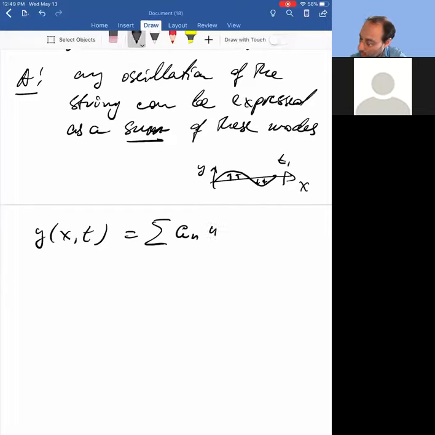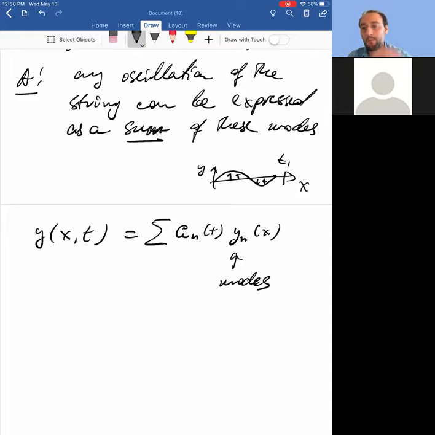So this is y sub n. Okay, so these are modal modes. So this is a mode, and you can express the motion of the string as a sum of each mode, and the coefficients in general depend on time.